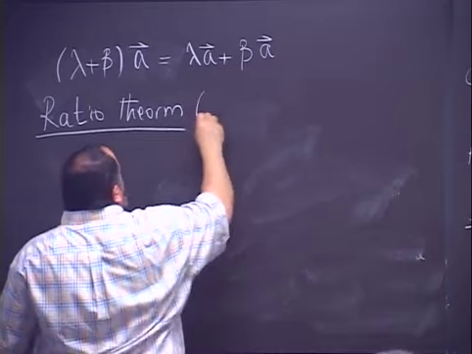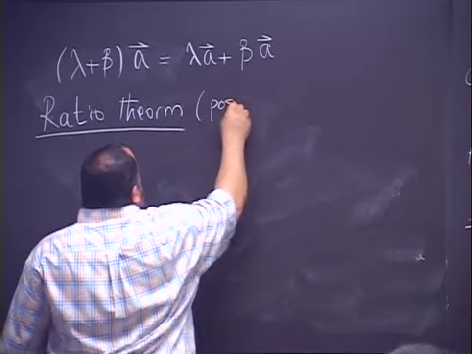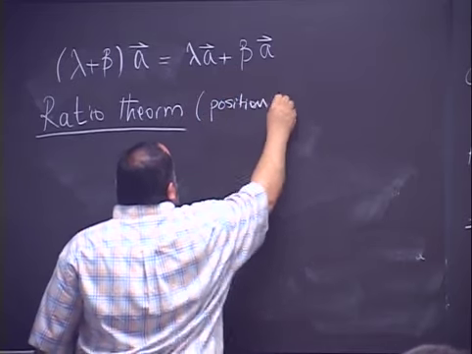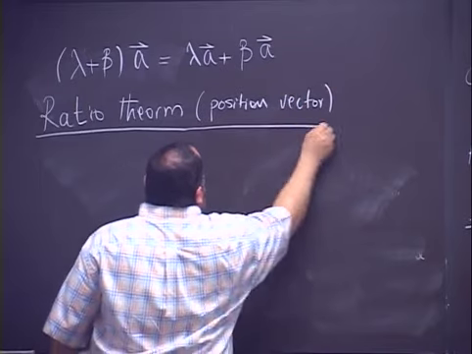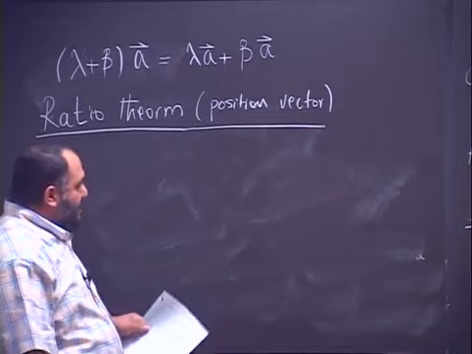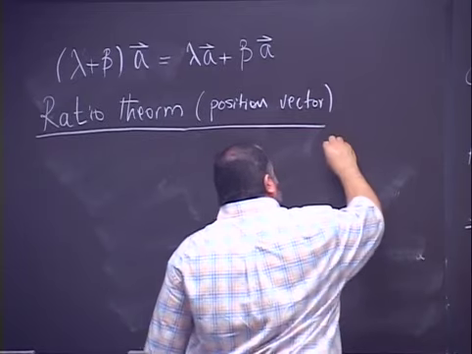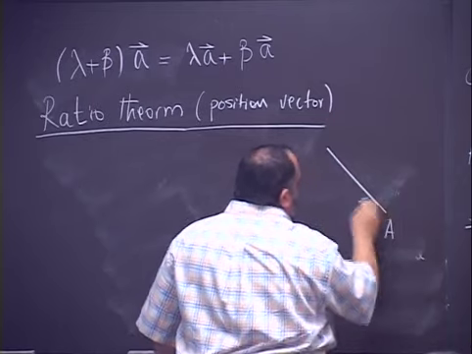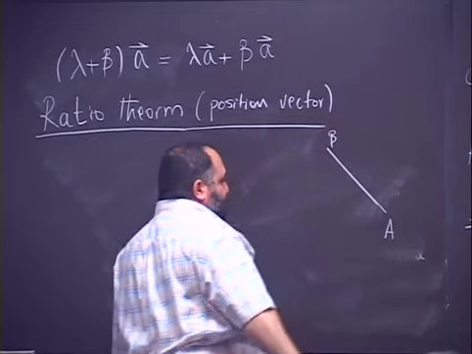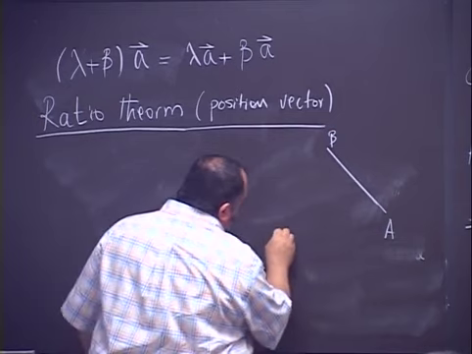And usually this is for position vectors. Let's assume that we have a line segment like this from A to B, and we have the origin here.